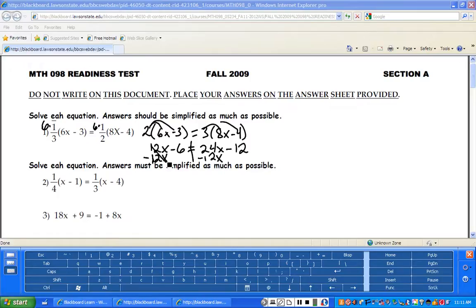Alright, cancels here. So that leaves me with this negative 6, so I'll write it up here. Negative 6 equals 24 minus 12 is 12, so 12x. And I still have this negative 12 that I didn't do anything with, so it's still there. Okay, so now I've finally been able to pin the variable down to one side of the equation.